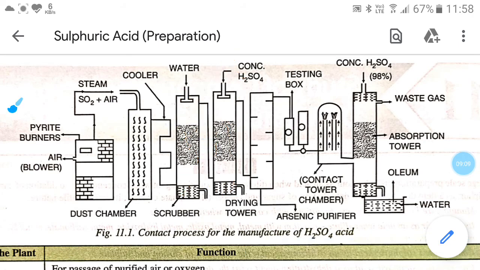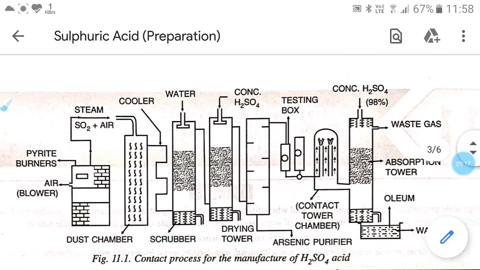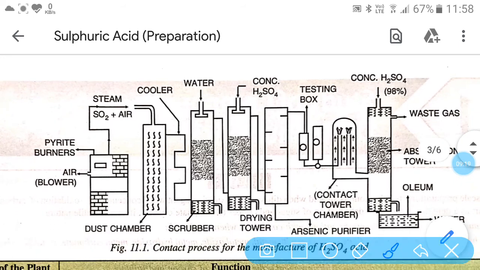Here the wet gas gets dried, as sulfuric acid is a dehydrating agent. Then this gas is passed to an arsenic purifier, which purifies the gas from arsenic. Then it is sent to a testing box. Here the Tyndall effect is used to monitor whether dust particles are present or not.